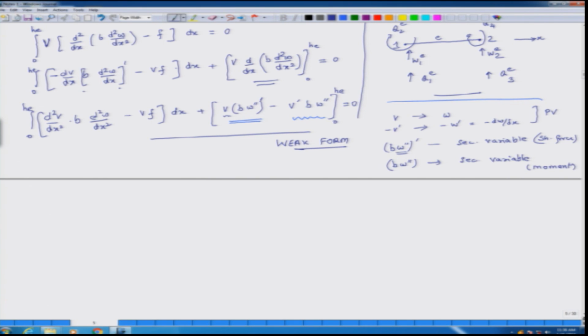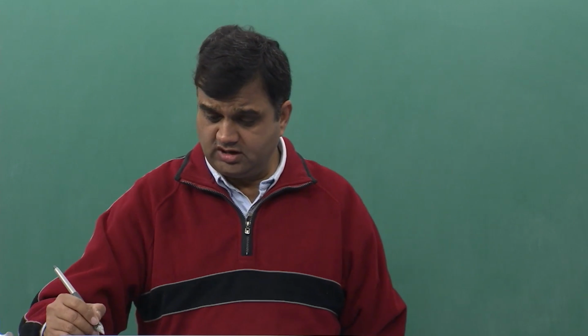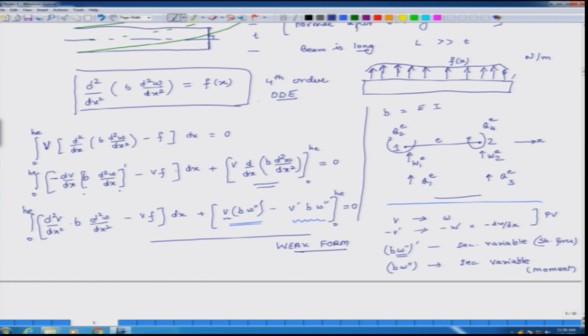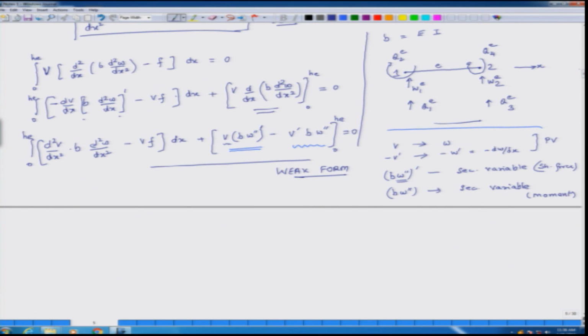In your solid mechanics lectures, you would have seen that EI, B represents EI, times the second derivative of W is moment. So, I have two in this problem. This is a fourth order ordinary differential equation, and because of this I have two primary variables, W and its slope, and I have two associated secondary variables, shear force and the moment. Okay.